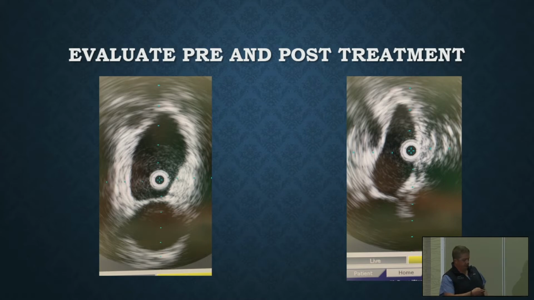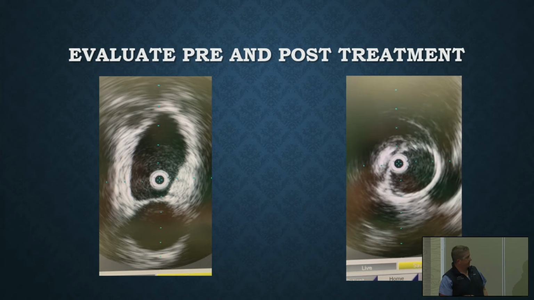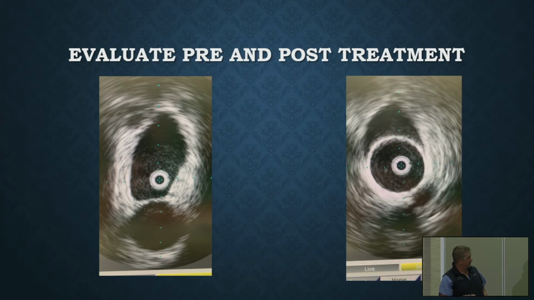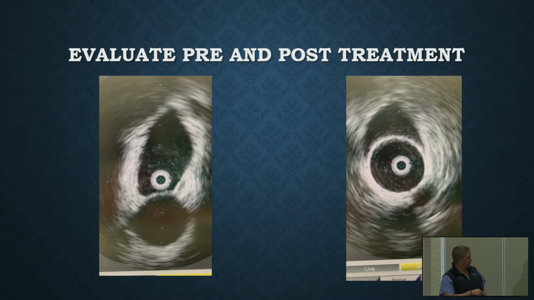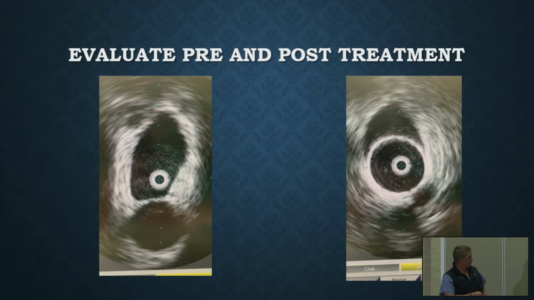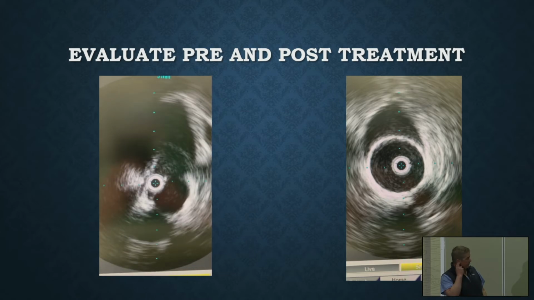So pre and post treatment, this is the video I showed you earlier. That's within the stent. That's the catheter in the stent. And you can see there's fairly good wall apposition of the stent. There it goes. Oops. And this is pre.